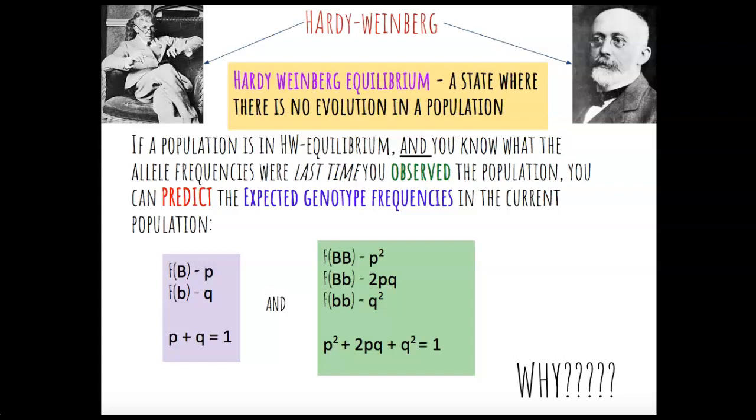And if we add up the frequencies of those genotypes, P squared plus 2PQ plus Q squared, they should equal 1. So we're saying with this that the genotypes of all individuals that are included in this population should equal 1, which makes sense if we're including all individuals that are in that population. So why is this the case, that this is how those alleles and genotypes are represented in these equations?